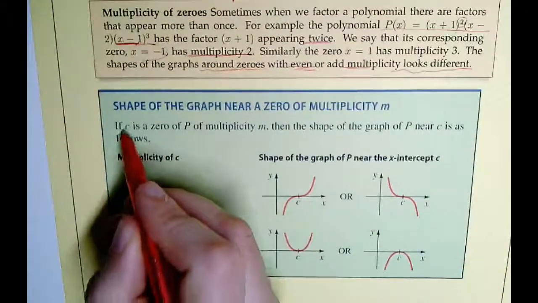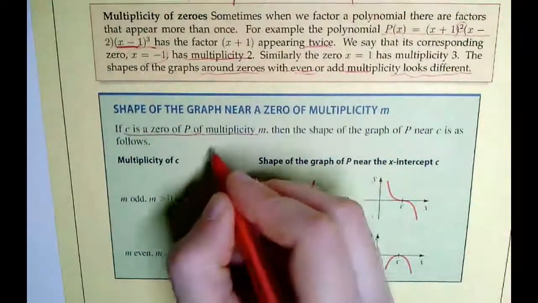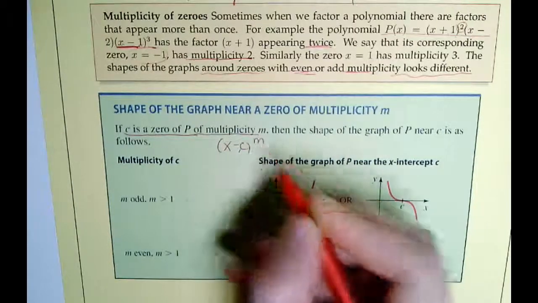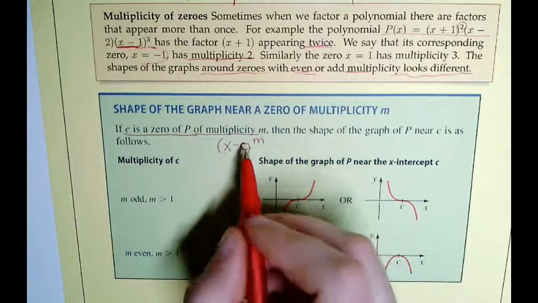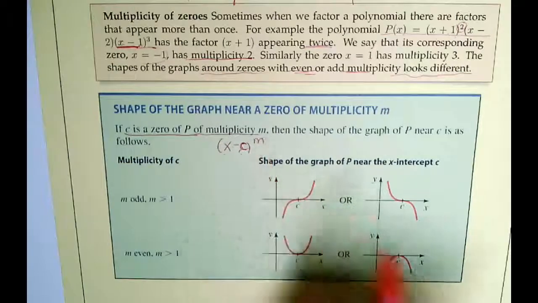So when we're going to graph these functions, we're going to have to keep in mind that if c is a 0 of p with multiplicity m, that means that I have a factor like this, x minus c to the m, right? If c is a 0, x minus c is a factor, and if it's a multiplicity m, that means that the factor is raised to the mth power.